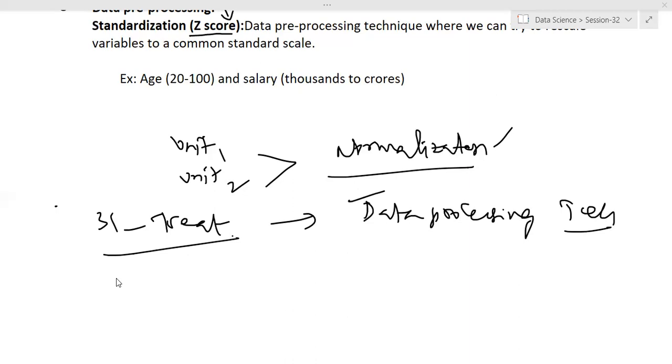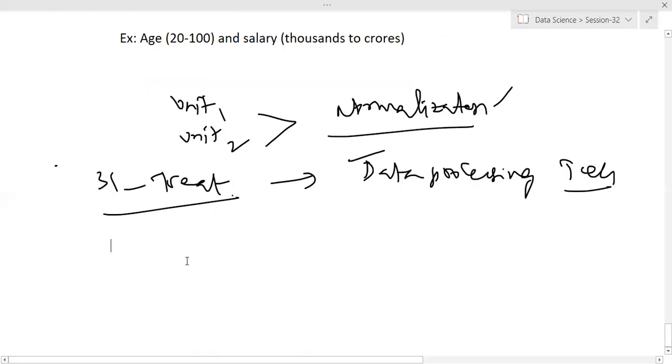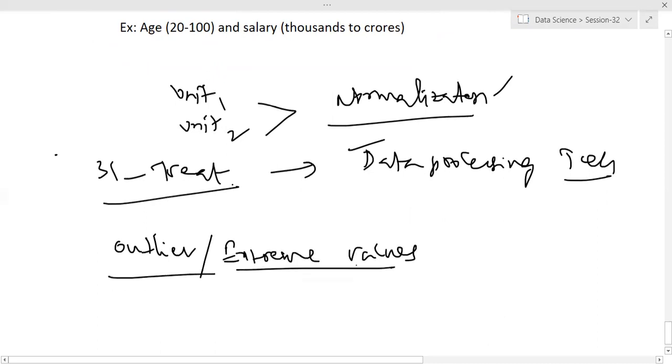And friends, one more point. Maybe Suresh can easily answer because it is his favorite aspect. How can we detect outliers or extreme values? Because he has a thumb rule.